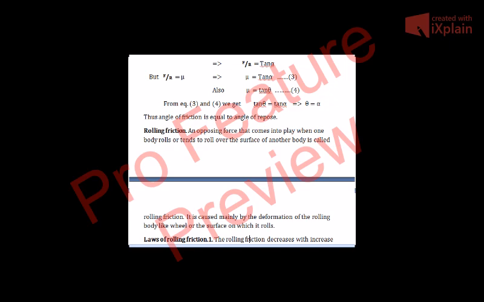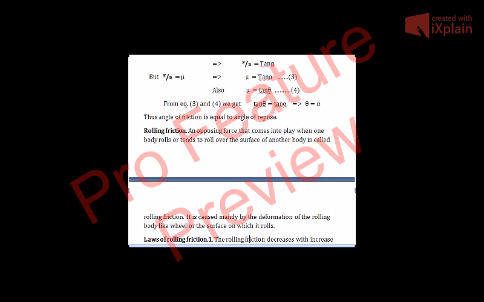And also we know the relation between the coefficient of limiting friction mu and the angle of friction theta, that is mu is equal to tan theta. So from equation 3 we get mu is equal to tan alpha, and from equation 4 we get mu is equal to tan theta. So from equations 3 and 4 we get tan theta is equal to tan alpha, which implies theta is equal to alpha. That is, the angle of friction is equal to the angle of repose.